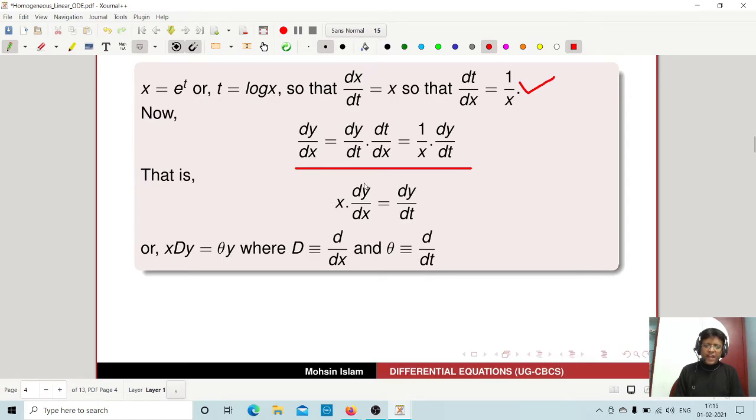So that is x dy/dx equal to dy/dt. Look at that: if you cross multiply, it will be x dy/dx equal to dy/dt. This is the conversion of your x dy/dx.